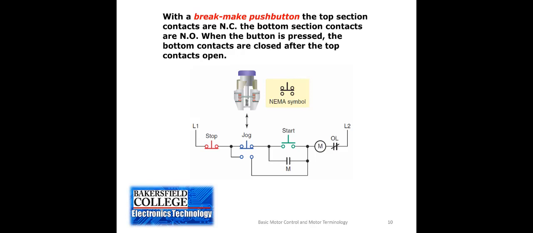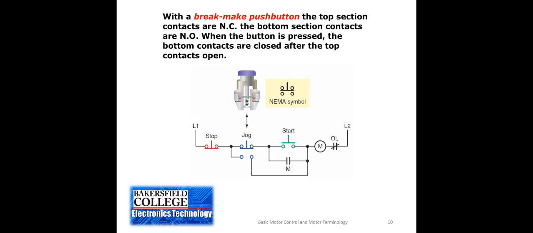Now, when we push the jog push button, we're taking over the three-wire control and turning it into two-wire control. Pushing the jog push button causes current to flow to the motor coil. When we release it, that's enough time for the motor starter coil to lose its magnetism, and so it resets the three-wire control to off.